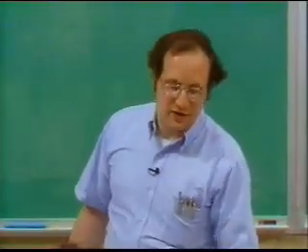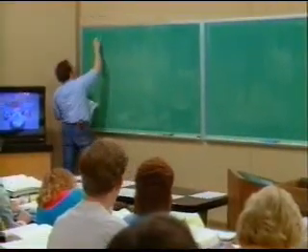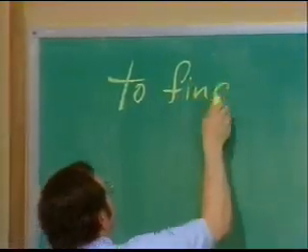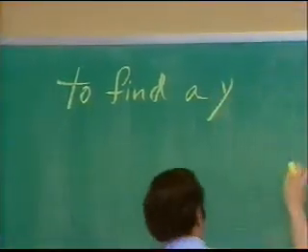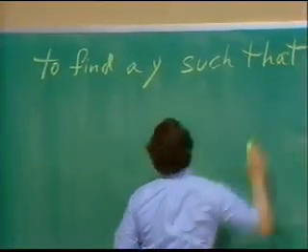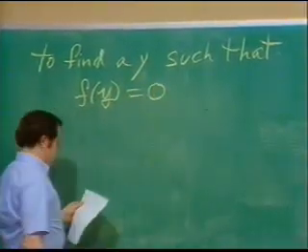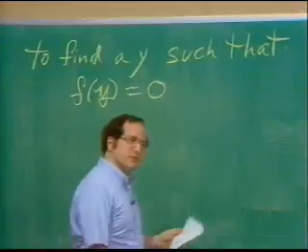Well, one thing you might know is that there is a general method called Newton's method, the purpose of which is to find the roots, that's the zeros, of functions. So, for example, to find a y such that f of y equals 0, we start with some guess. This is Newton's method.